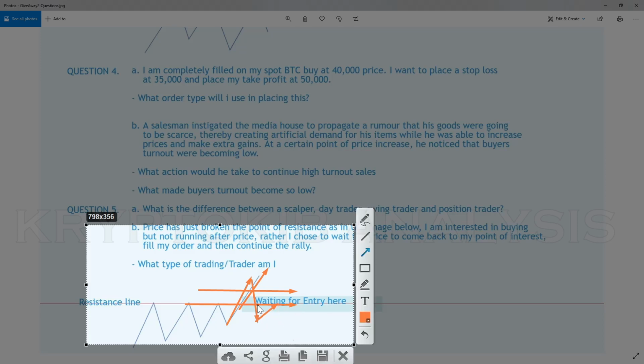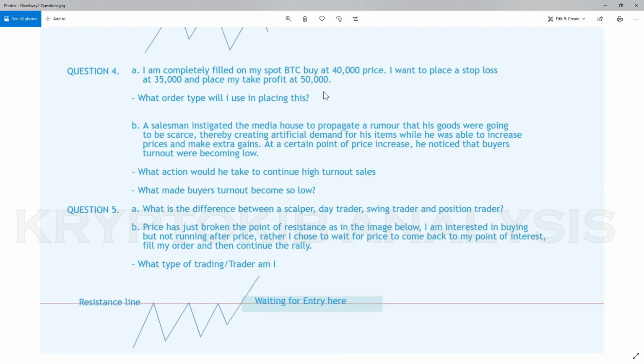But you want to see price close above the resistance and then turn this resistance line to support. So you are being conservative with the way you trade. You don't want to see price running and just FOMO into it, that price is going up, it will continue going up. But you want to wait for it to retest that level it has broken and find support. That means you are a retracement trader, or like somebody said, a conservative trader. So that is all the answer.